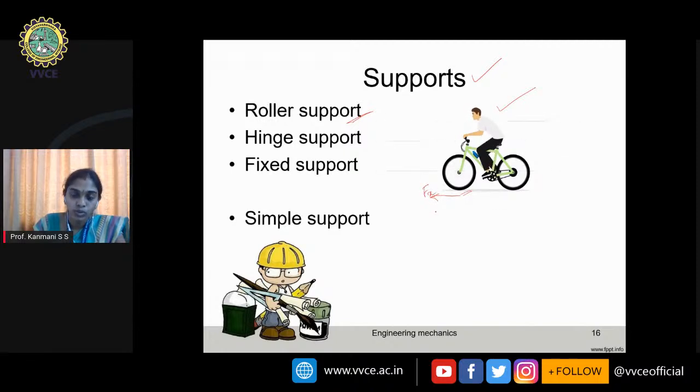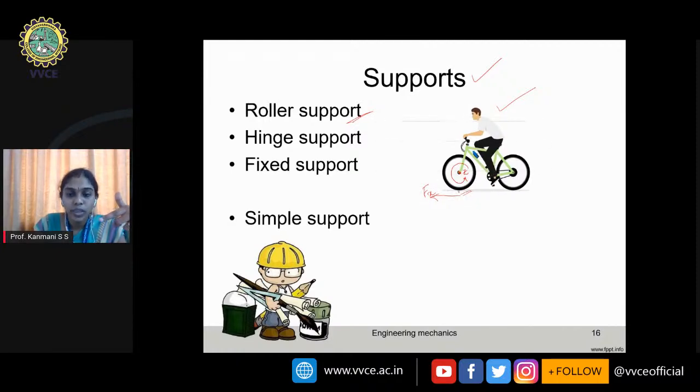Fx is allowed. Another one, this wheel is rotating. Rotating about which axis? Observe, this is rotating about the z axis. So that means it can rotate, and it can move in the x direction.